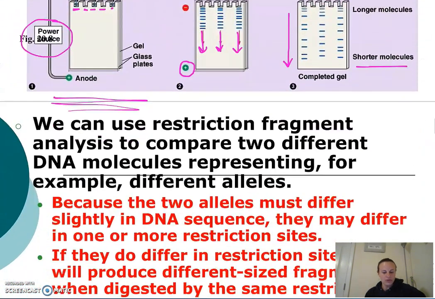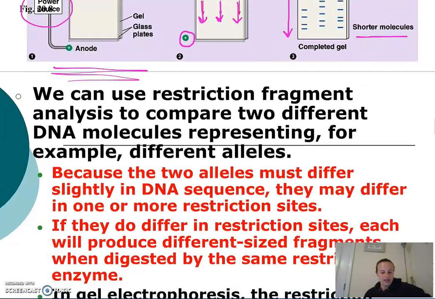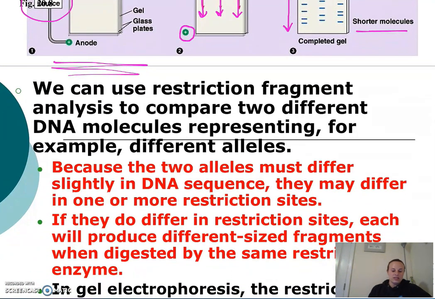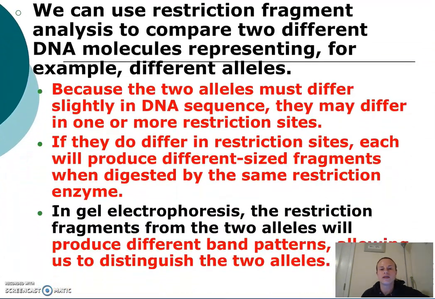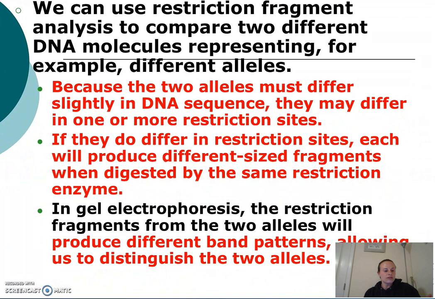Now we can use restriction fragment analysis to compare different DNA molecules, for example, representing different alleles, because after all, alleles are different versions of a gene, therefore they're going to differ in their DNA sequence. So they'll probably also differ in their restriction sites.